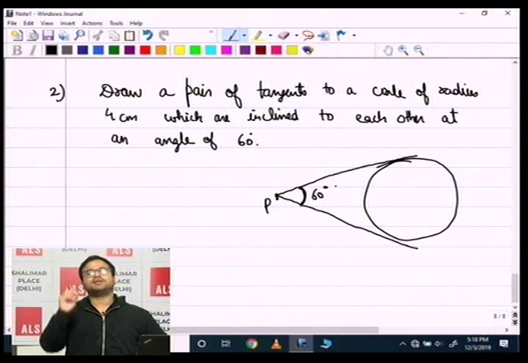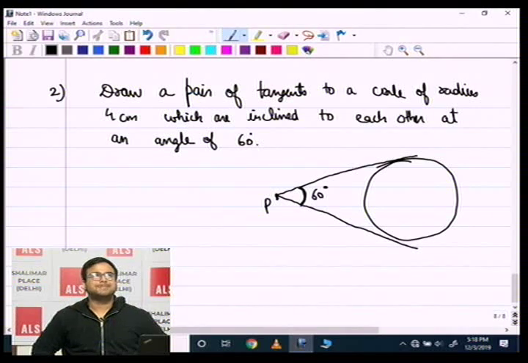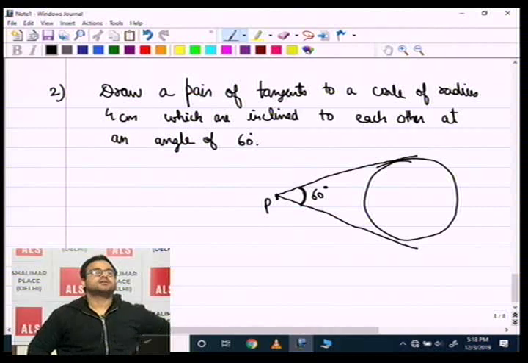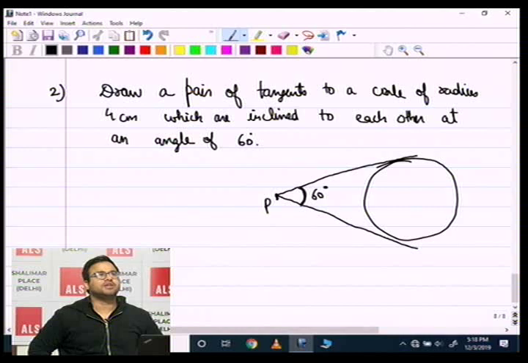This is the meaning that tangents are inclined at an angle of 60 degree. Understood the meaning of the question? Are you getting the meaning of the question? We have to draw tangents from a point which are inclined at an angle of 60 degree.